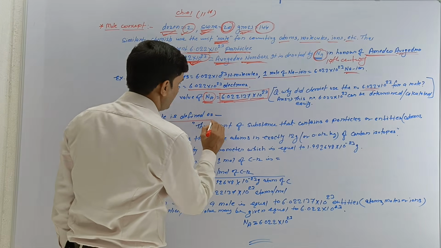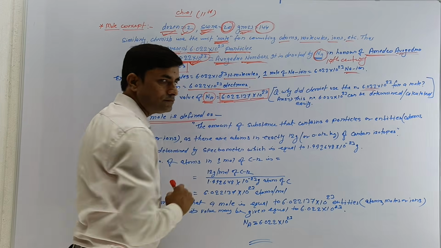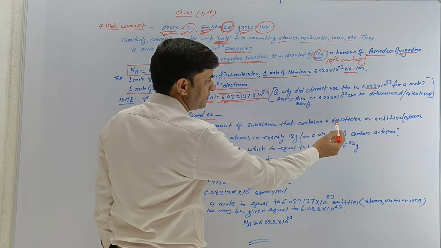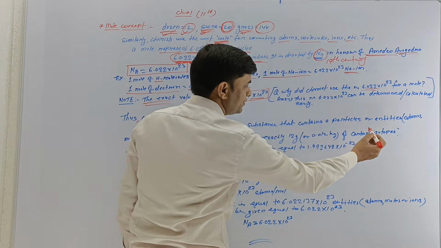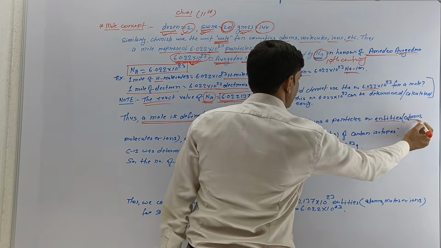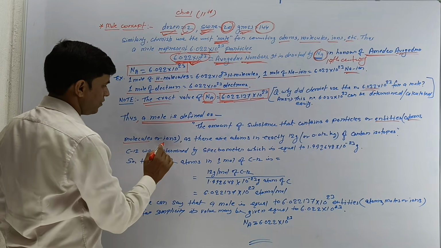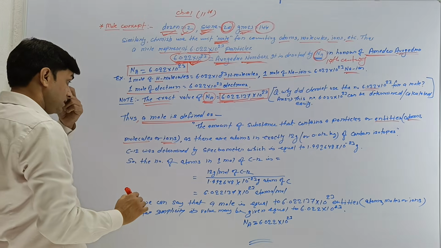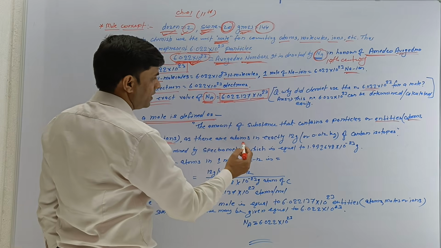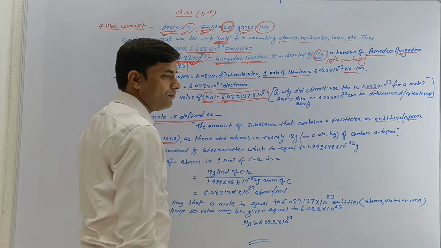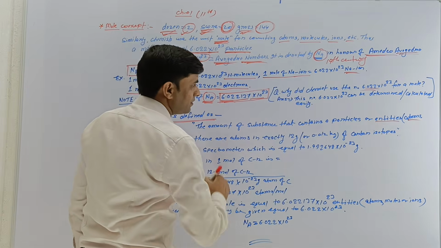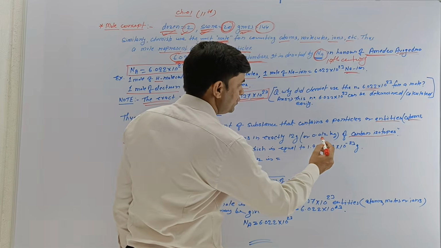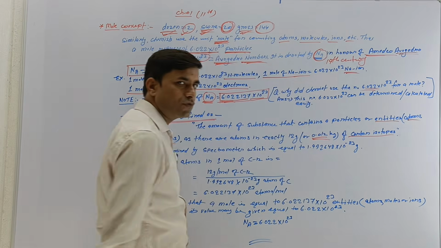A mole is defined as the amount of substance that contains as many particles or entities, that is atoms, molecules, or ions, as there are atoms in exactly 12 grams of carbon-12 isotope, or 0.012 kg of carbon-12.